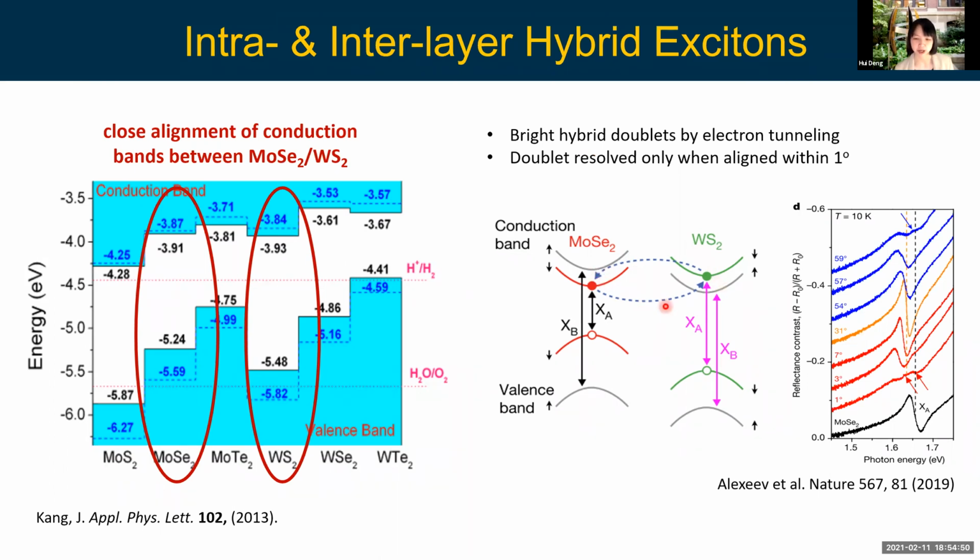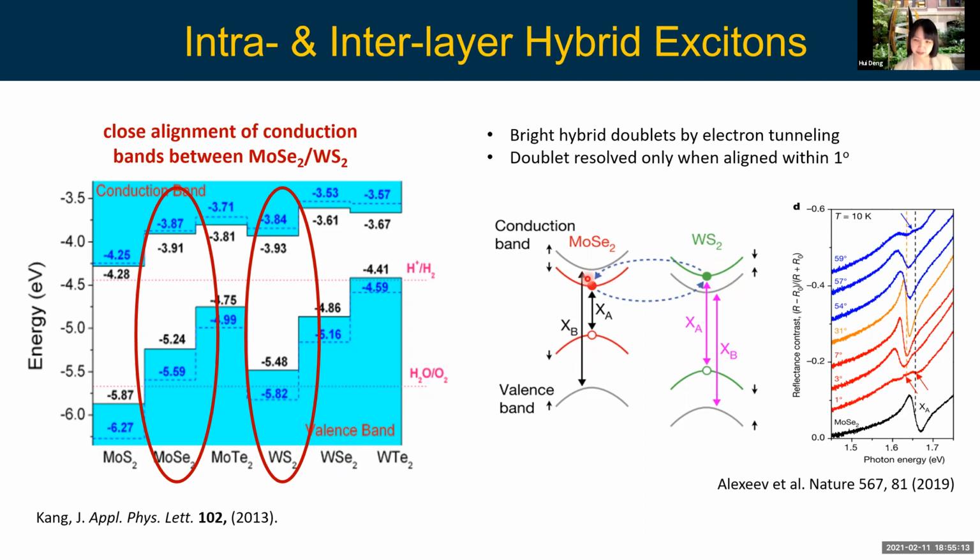One way to describe it is when it is here, it forms an exciton, which we call the intralayer exciton. When it jumps back here, it forms a different type of exciton, the interlayer exciton, between the electron here and the hole here. And these two states have a very different coupling strength with light.